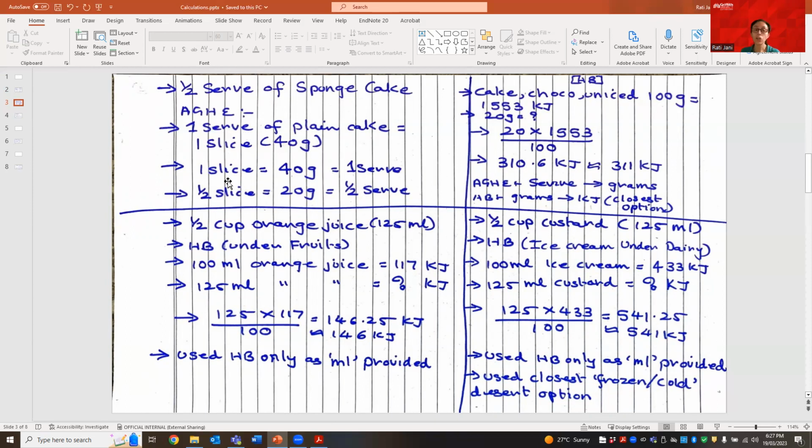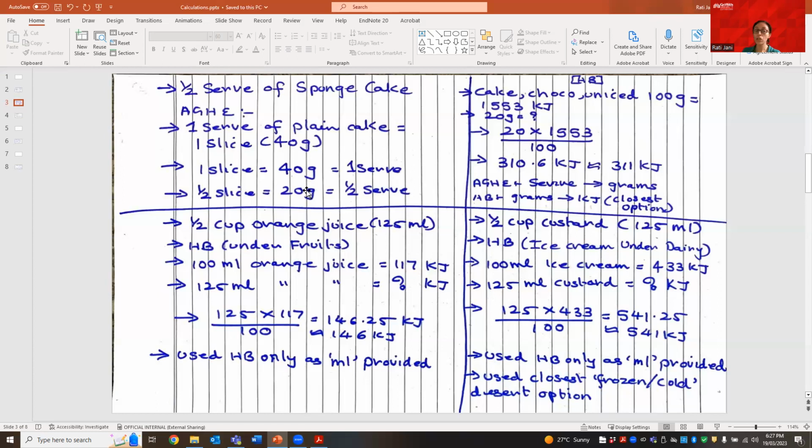So what is half a serve? It is half of all of these numbers: half a slice is 20 grams, which is your half serve. I hope this is logical and makes sense. Now you have the golden number, which is the amount in grams.